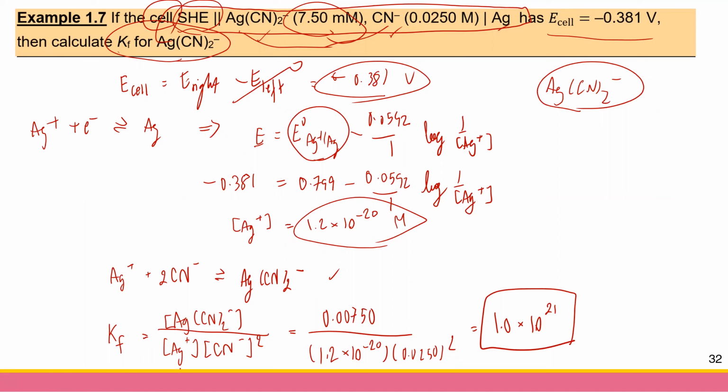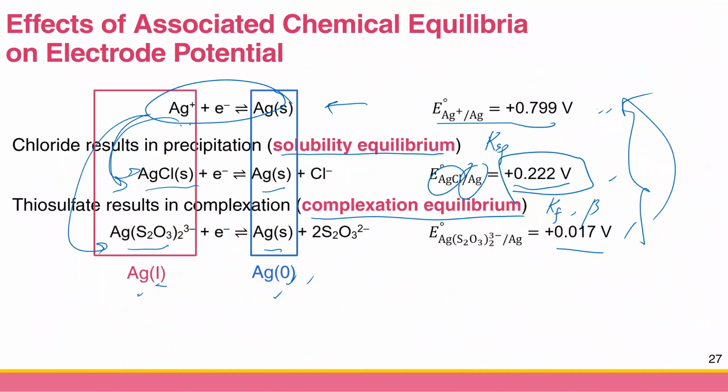So why do we care about these examples? Let me go back to this one. It turns out that if you prepare the silver electrode with only silver ion and silver solid, you're going to get the electrode potential of this number.